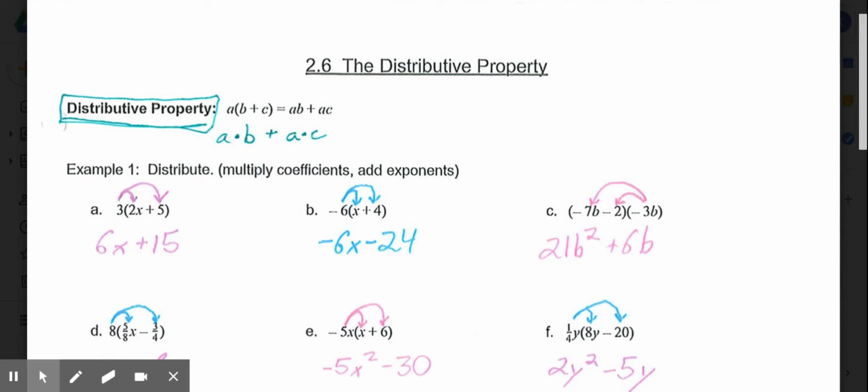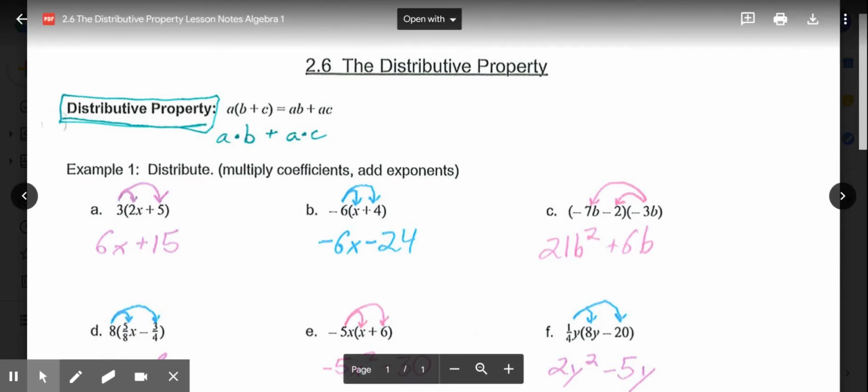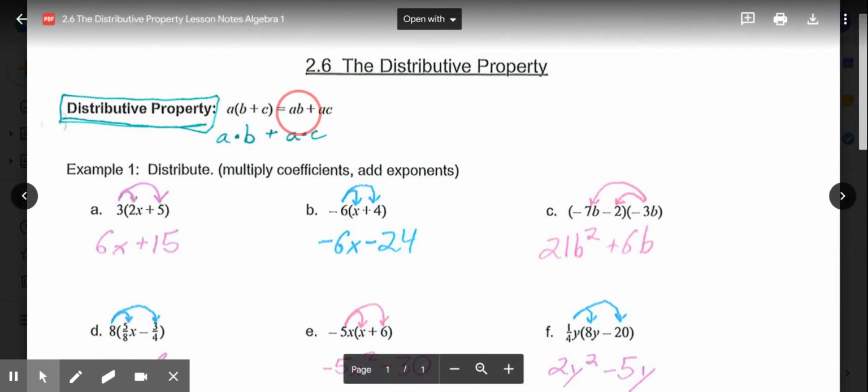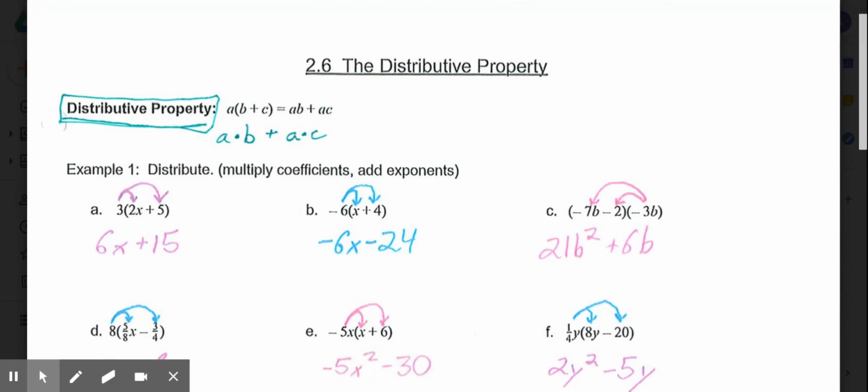multiplication first. So what the distributive property says is if we have A outside of the parentheses and inside the parentheses B plus C. So this would be read as A multiplied by the quantity of B plus C. The distributive property says we can distribute that A to both parts of the inside, giving us A times B plus A times C, or AB plus AC.